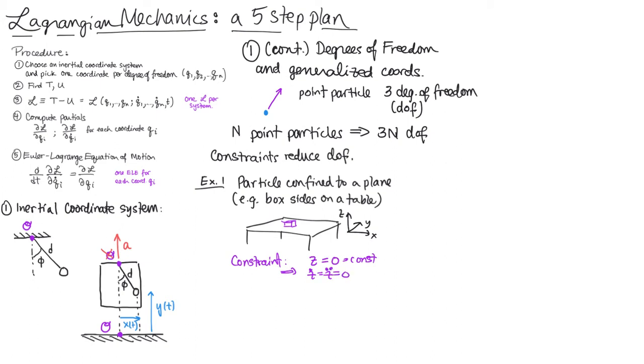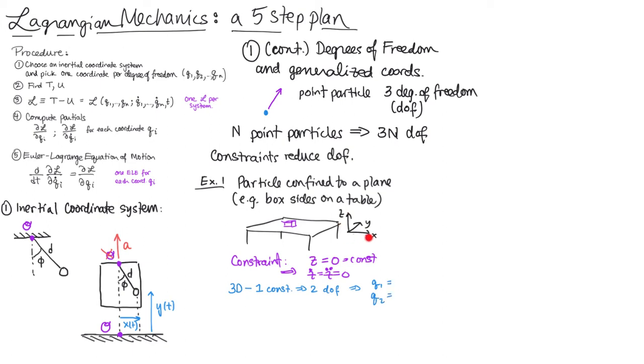The particle is not moving in the vertical direction. And so what that tells us then is we start with one particle, and that particle is moving in 3D in general, but we have one constraint, which gives us 2 degrees of freedom. So we'll need 2 coordinates, 2 generalized coordinates. I'll call them Q1 and Q2.